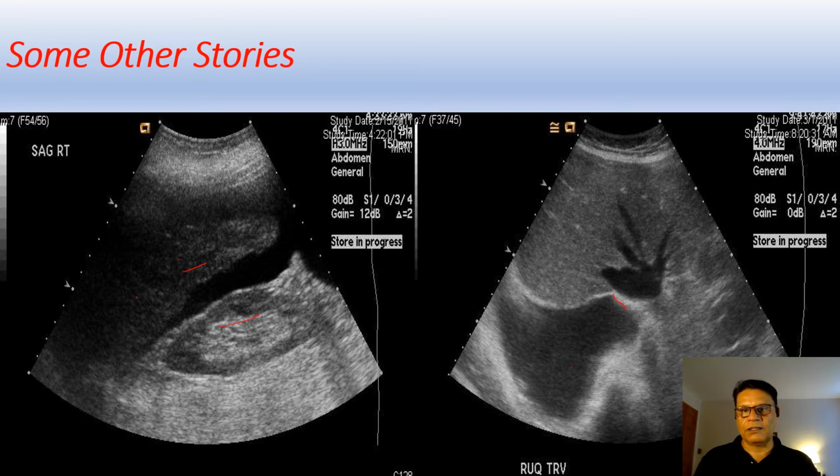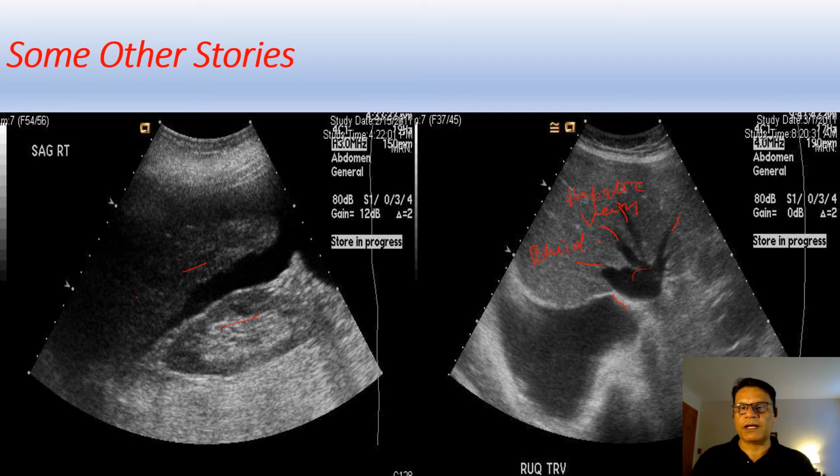And this area is also devoid of echoes, because it's the inferior vena cava, and these are the branches of the hepatic veins. Hepatic veins contain fluid, and the name of that fluid is blood, which reflects no echo.